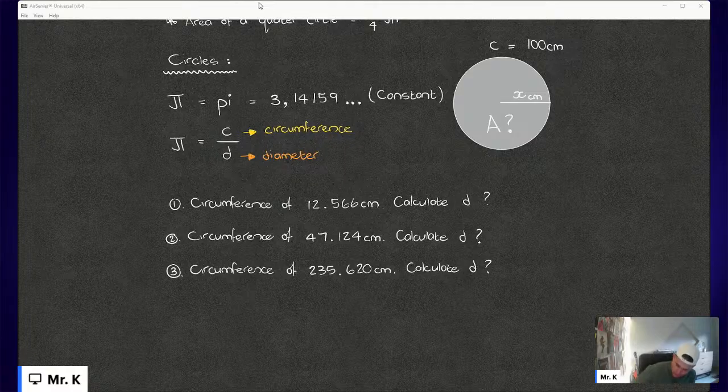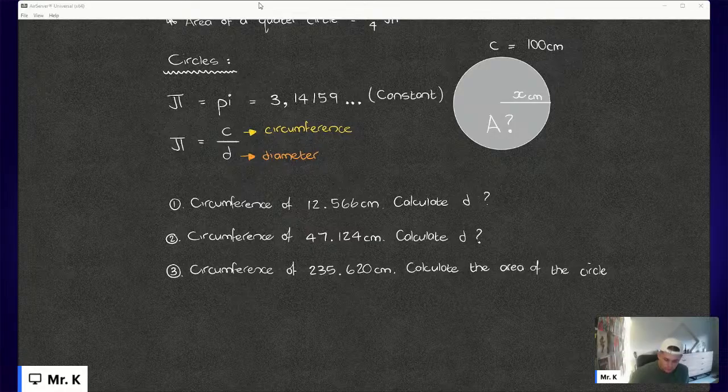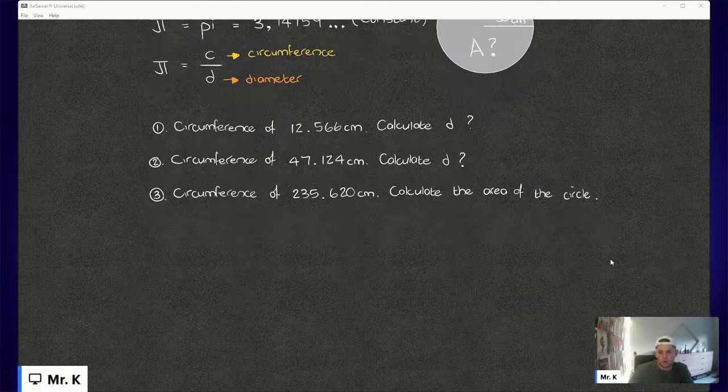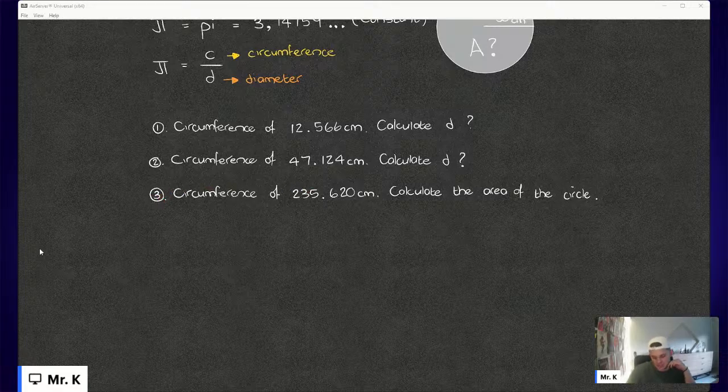For question number 3, calculate the area of the circle. Right, I'm going to give you guys 3 or 4 minutes to quickly try these on your own. You need to find the diameter of the circle. In the case of question number 3, you're given the circumference of 235.620 centimeters. You need to calculate the area of the circle.